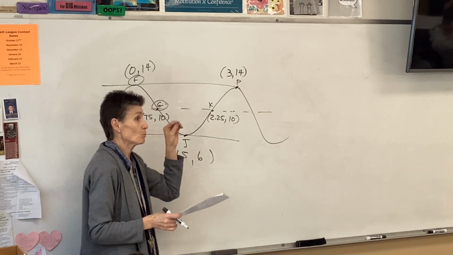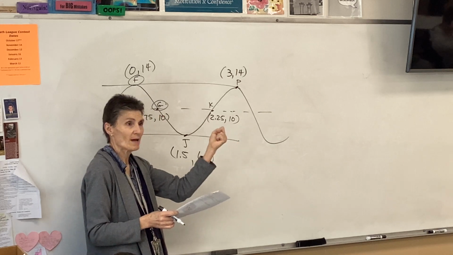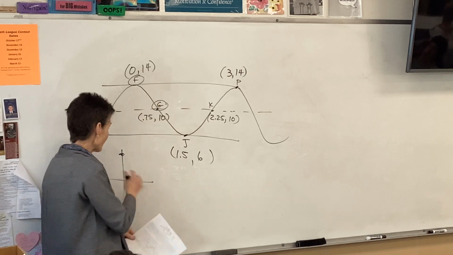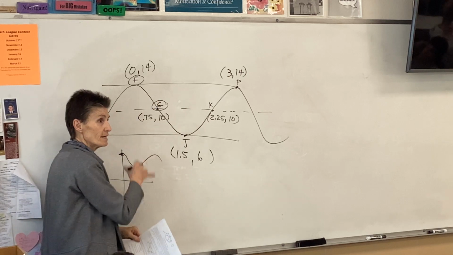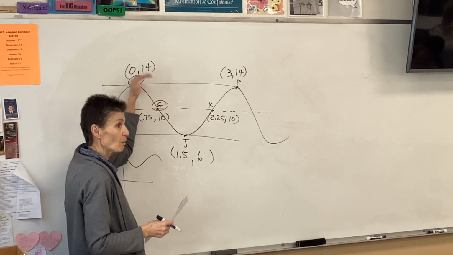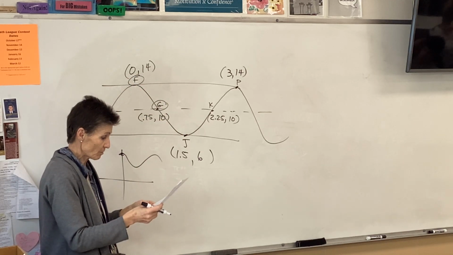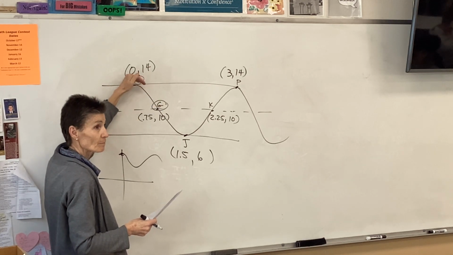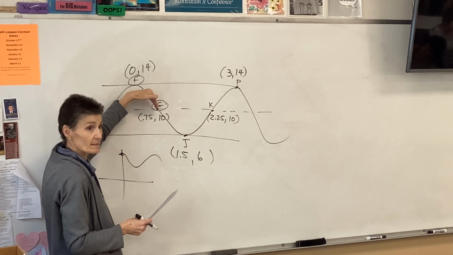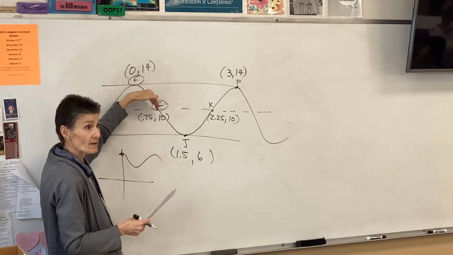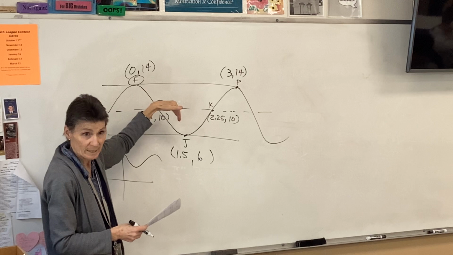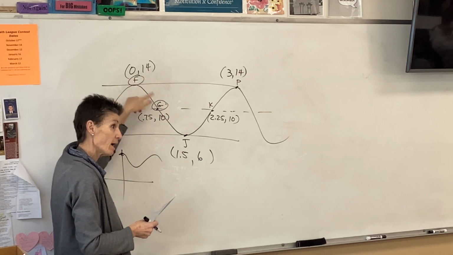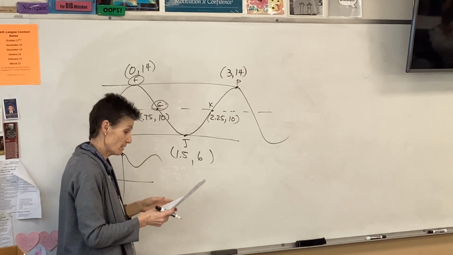Remember, H refers to the y's. H is the function value. Those y's are positive. If you were graphing, it would be up here like this, right? It's positive, but it's going down, decreasing in that interval. How about the rate of change? What's happening to the rate of change? Well, it's negative, because it's going down, slope is negative, and it's decreasing because it's concave down on that interval.